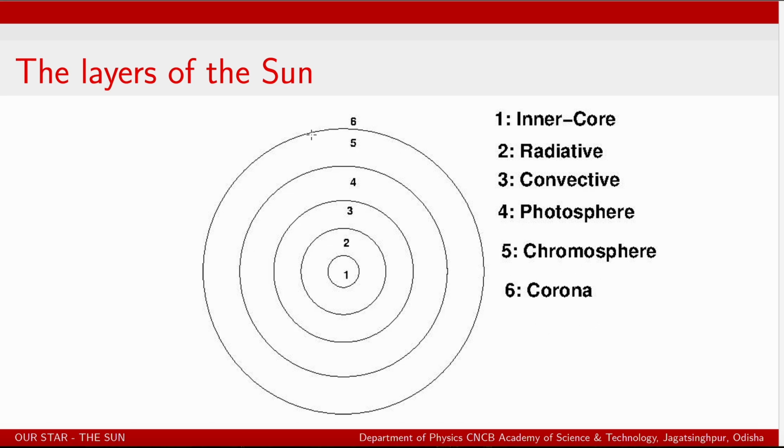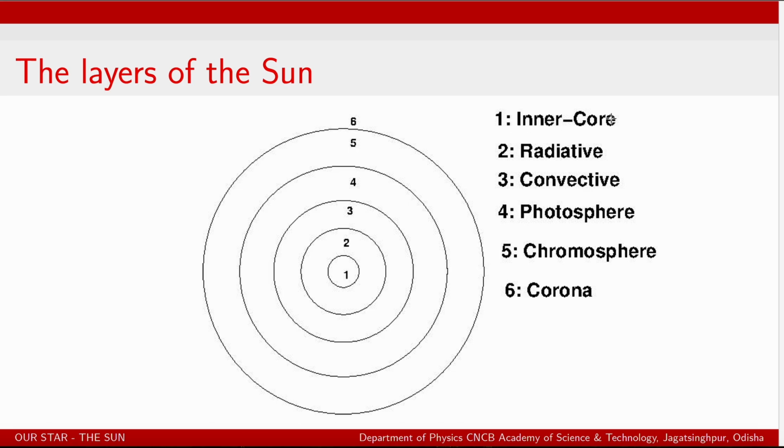You can see for the corona there is only a lower edge. There is no outer edge for the corona. And for all other layers, you have one inner edge and one outer edge.